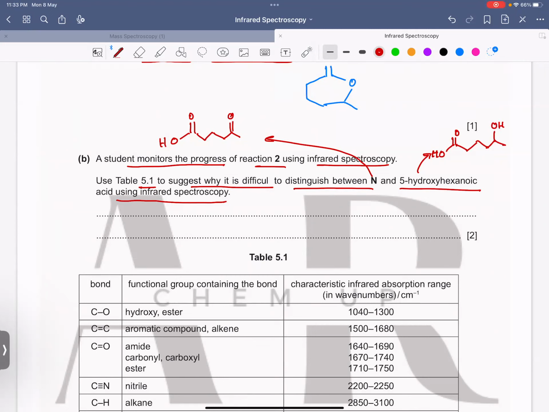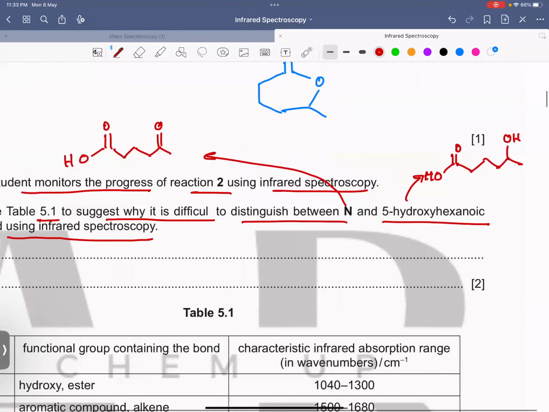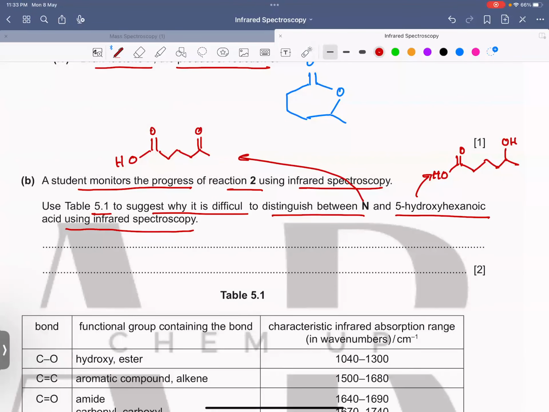Yeah, hexanoic, sorry. So if you see over here, in both the structures there is this group. So we are getting signals at the same wavelengths. So that's why it would be difficult to figure it out, okay?